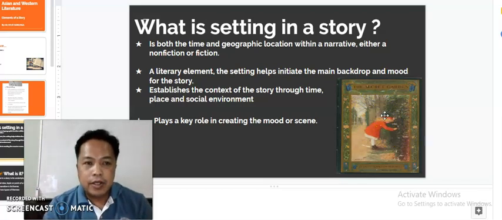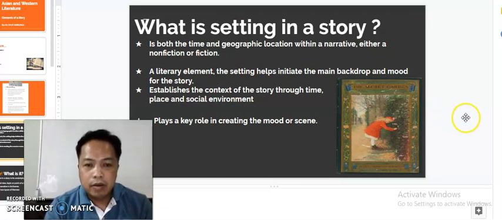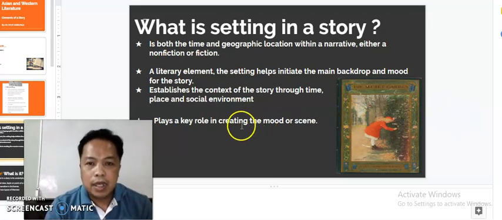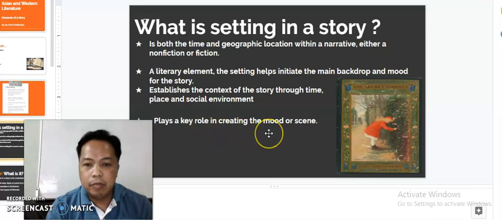So now let's continue. Again, setting plays a key role in creating the mood or scene. Next, let's continue. Theme. What is it?